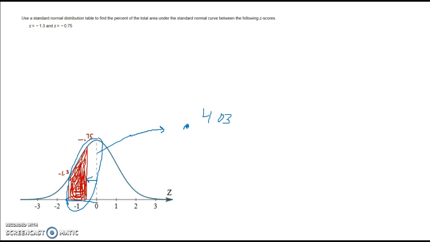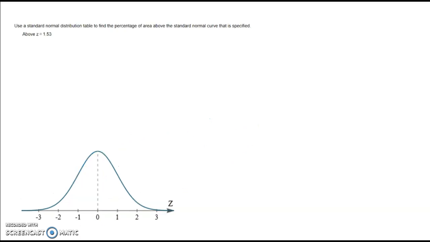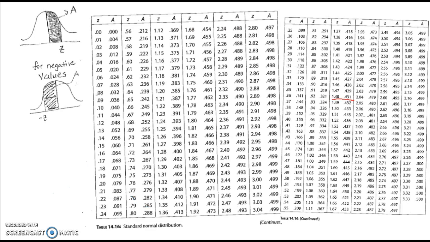Now I'm going to find just this area and subtract. I need to find 0.75, and 0.75 is 0.273.